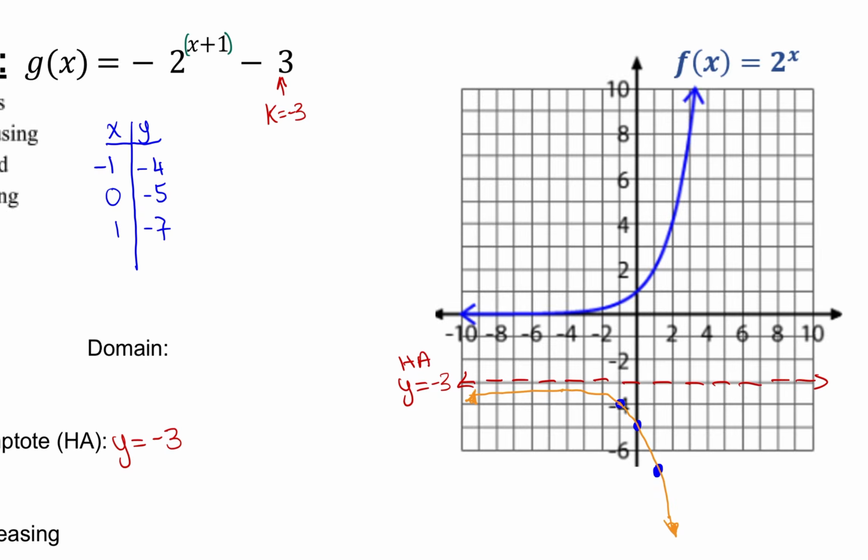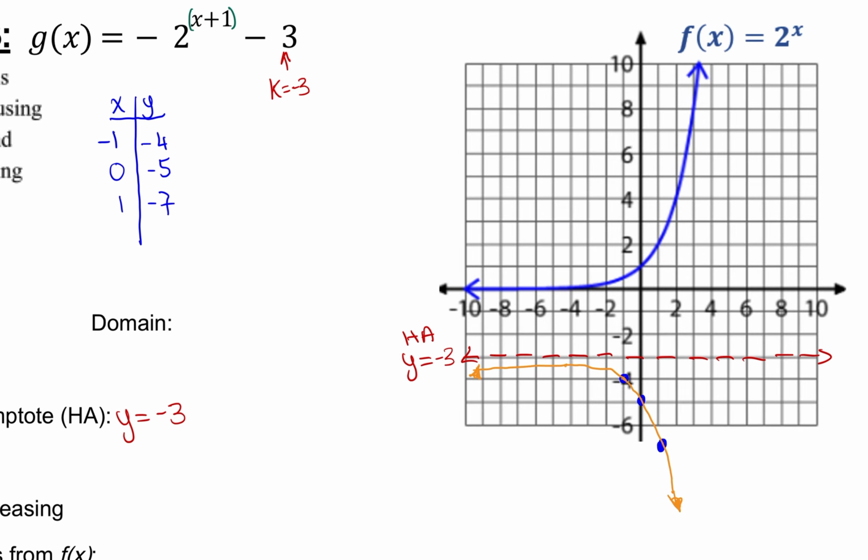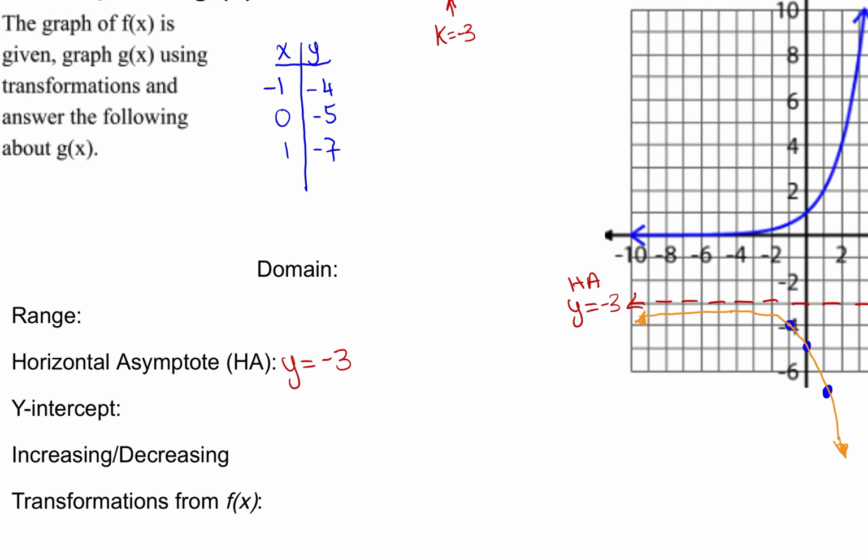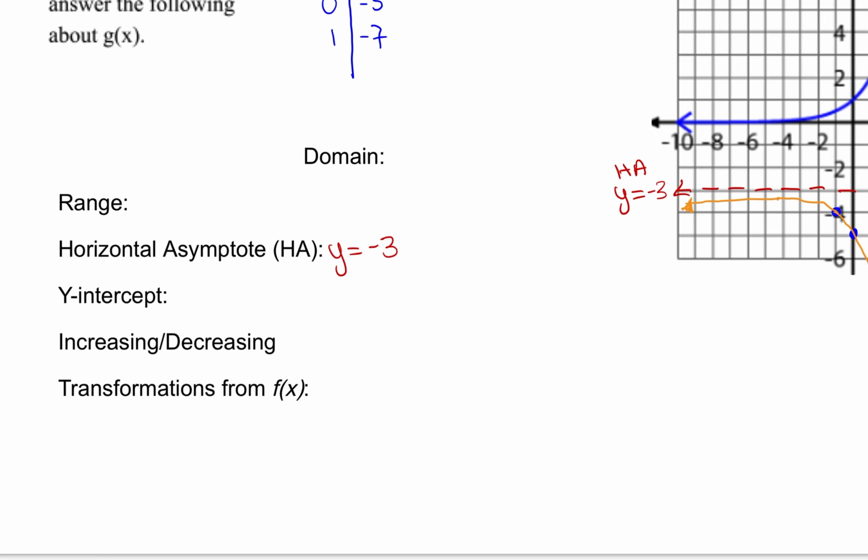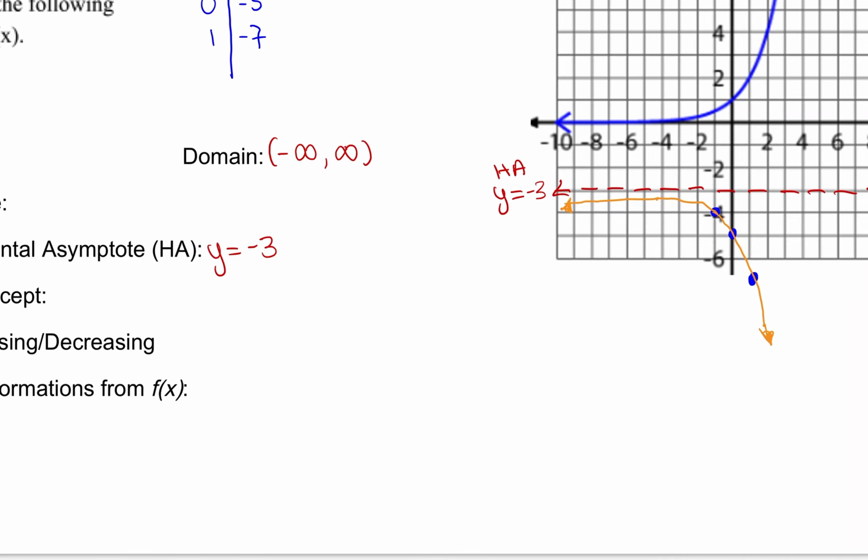Now, based on the graph that we have, now we can answer the graphical attributes. So looking at the left-hand side, the domain is going to be from -infinity to +infinity. That's going to be the same for all exponential functions, regardless of any transformation occurring. From there, the range is going to be from what? Well, range is bottom to top.